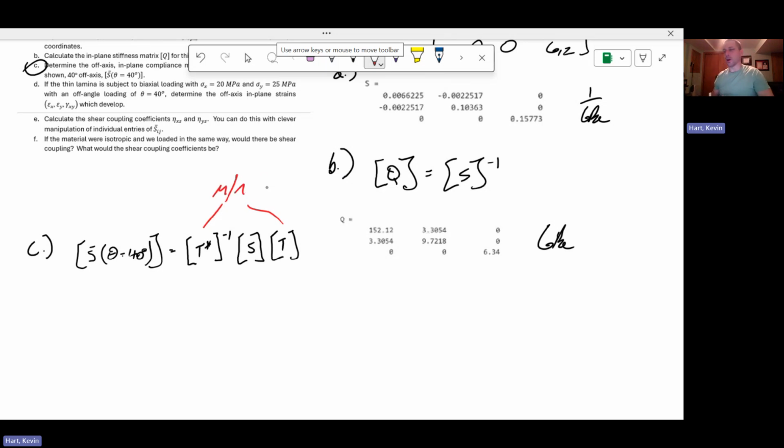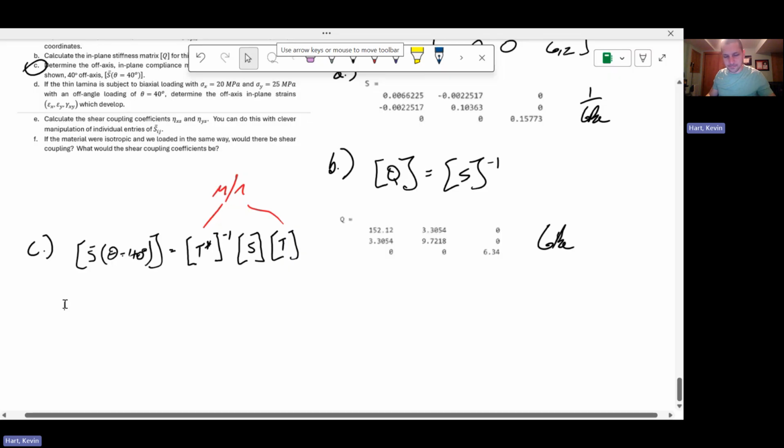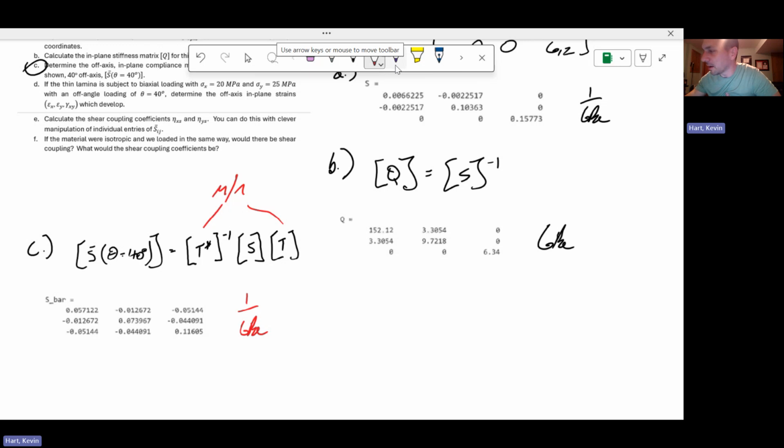So we know that based on the angle theta equals 40 degrees, you can populate T star, you can populate T, you know S from part A. Away you go. Do all that. You can calculate S bar as the following. This is 1 on GPa. Okay. There you go.